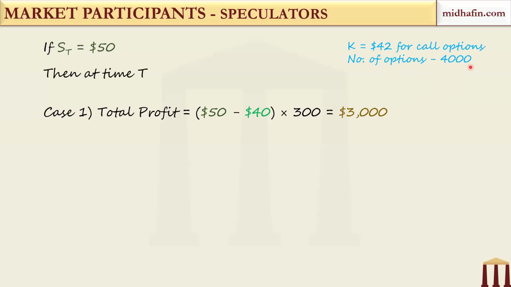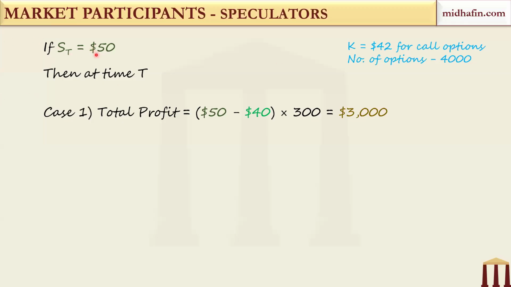So if I ask you to find out the payoff for options and the net profit, how will we do it? See, the payoff for every single option will be ST minus K. ST is 50, K is 42. So can you tell me per option, what is the payoff? Let's start with payoff. $10? 10 or 8? 8. 8, right?